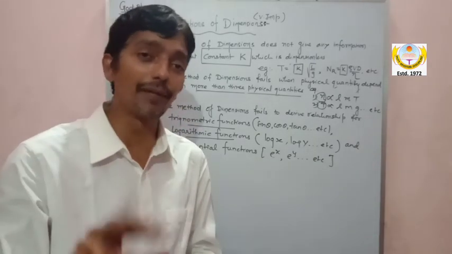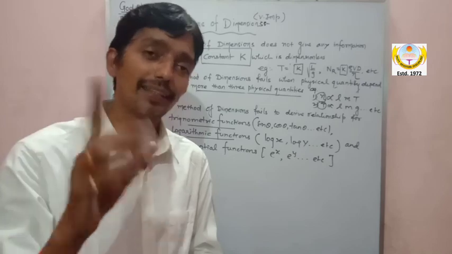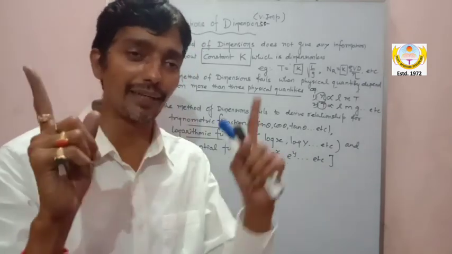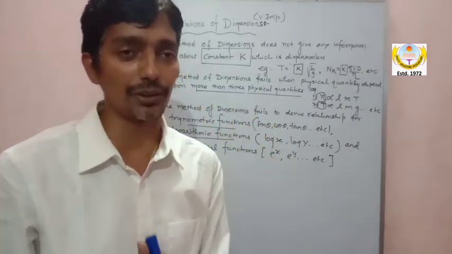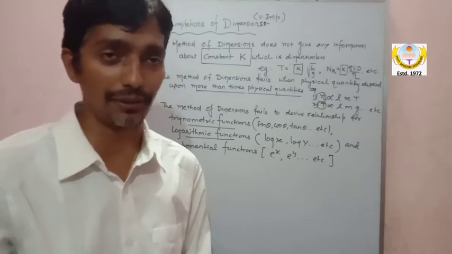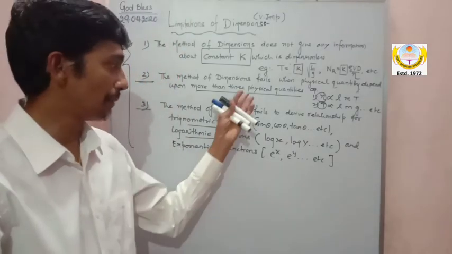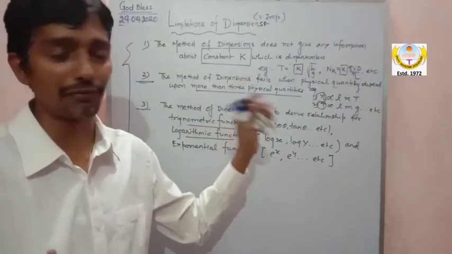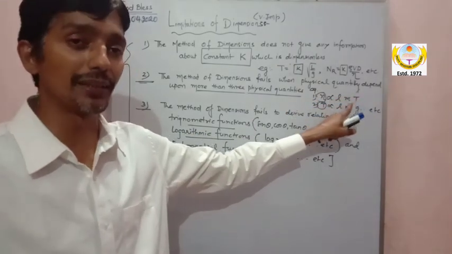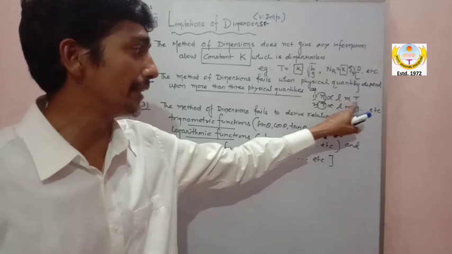If a 4th physical quantity is given, then as in my previous example, the relation is already given in the question. Reynolds number and diameter relation is already mentioned, right? So remember, the dimension method fails if any physical quantity depends upon more than 3 physical quantities. Up to 3 physical quantities it is okay.